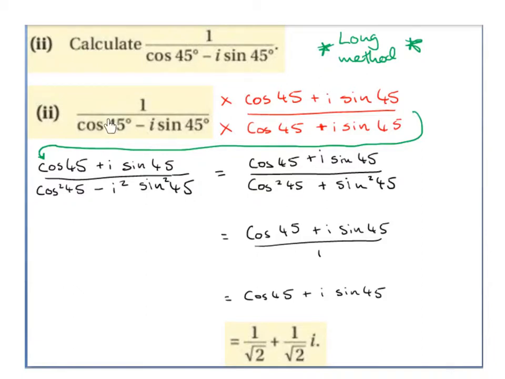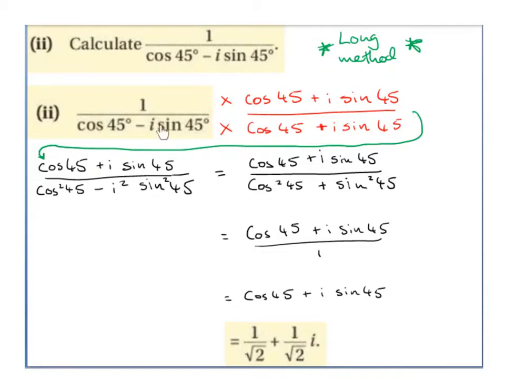And multiplying cos 45 degrees by cos 45 degrees, we get cos squared 45 degrees. Multiplying cos 45 degrees by positive I sine 45 degrees, and then multiplying minus I sine 45 degrees by positive cos 45 degrees, we'll get the same term, one's positive, one negative, and they cancel.